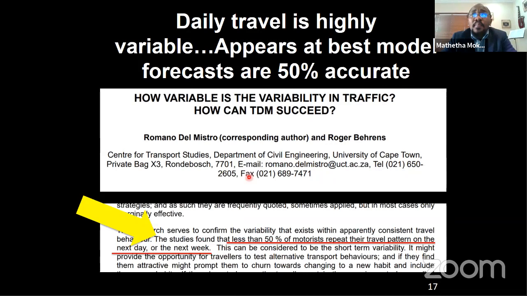So it means at best the models that are being used to design our cities, our networks, are at best 50% accurate. But often what you see in these design reports is that the forecast will say we've got 99% or 90% correlation, and therefore we recommend certain interventions to be made. So improved understanding of what is really happening in the demand definitely will help.